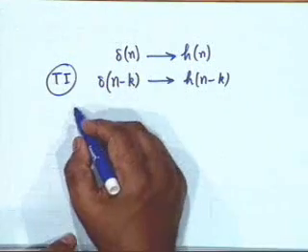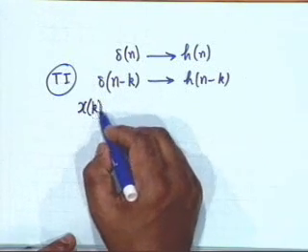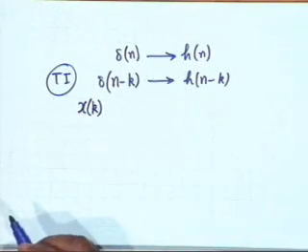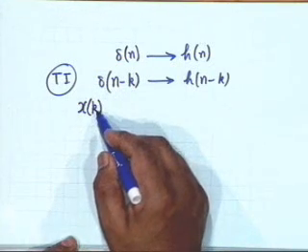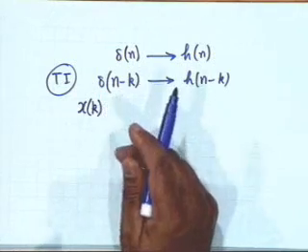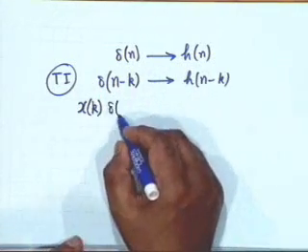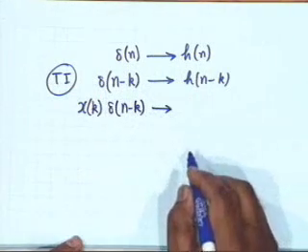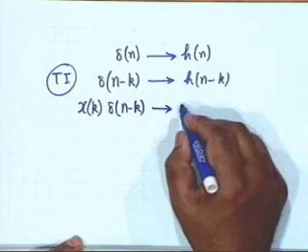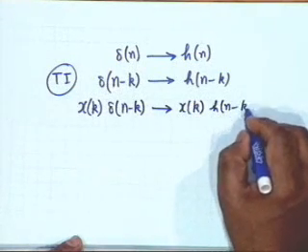If we apply homogeneity, if we multiply this signal by a constant x of k, you see n is our running variable, x of k is a constant, it's the value of the signal at a particular value of n equal to k. If we multiply this by delta n minus k, then the principle of homogeneity says that the output should also be multiplied by x of k.